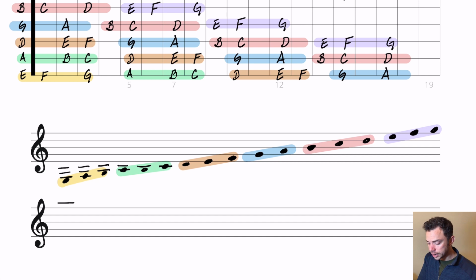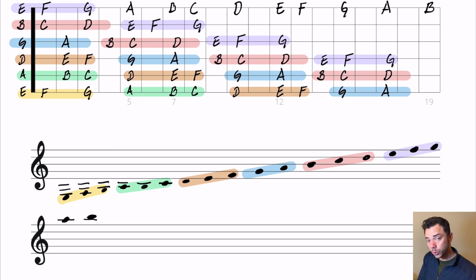1 ledger line on top gets us A. Ledger line on top, that would be B. Ledger line, that would be C. Ledger line, that's D. 3 ledger lines, that gets us to E. This E specifically, the one on the 12th fret. 3 ledger lines, and on top, that's F of the 13th fret.